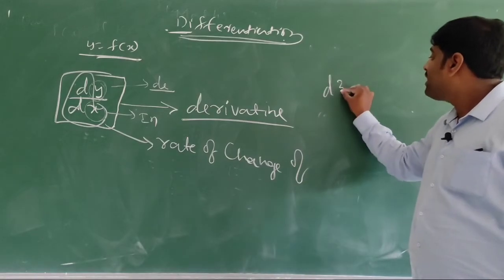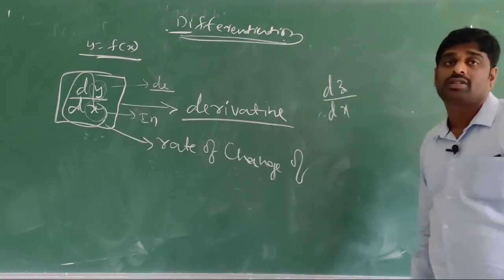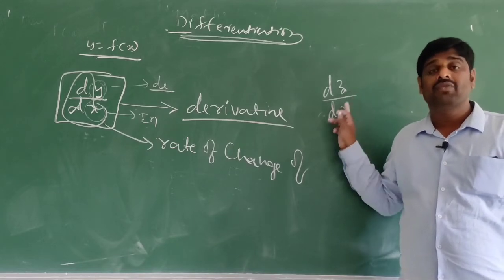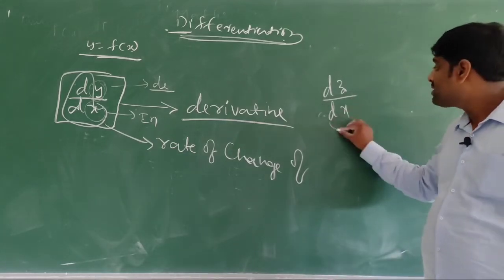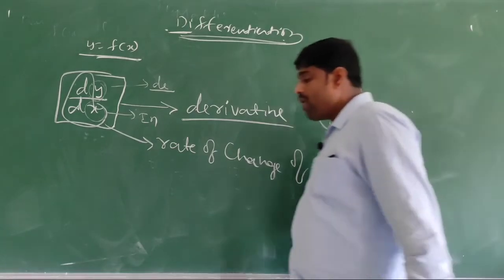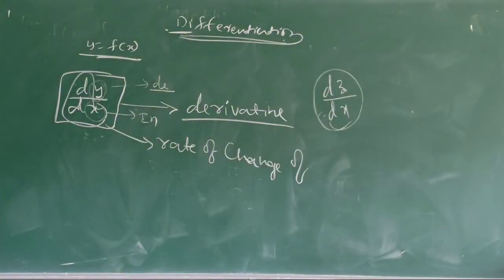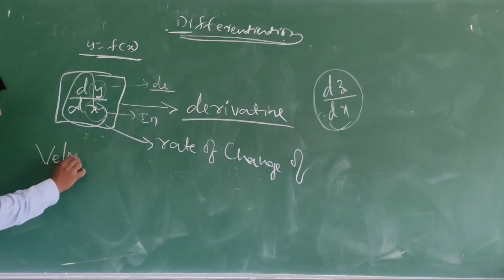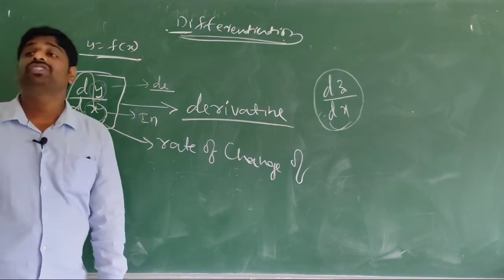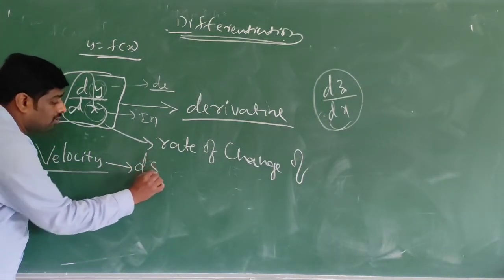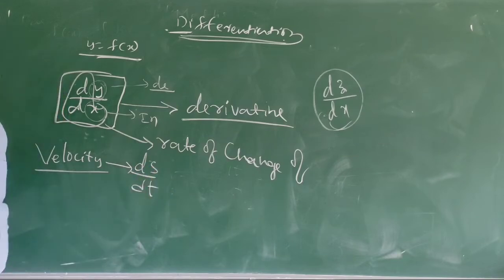Suppose I take dz by dx. Here it is the rate of change of z with respect to x. This is also differentiation. When you come to physics, you already studied velocity. Velocity is the rate of change of displacement, that is ds by dt.